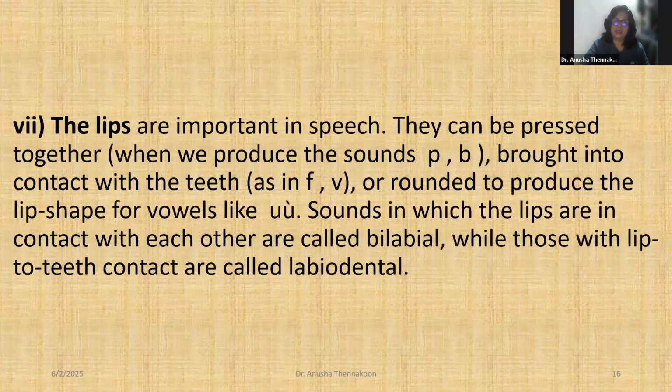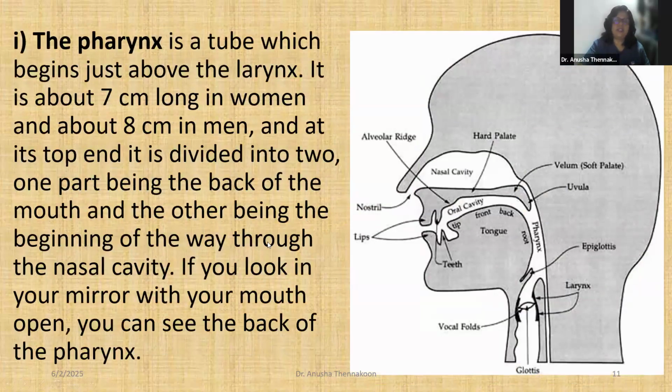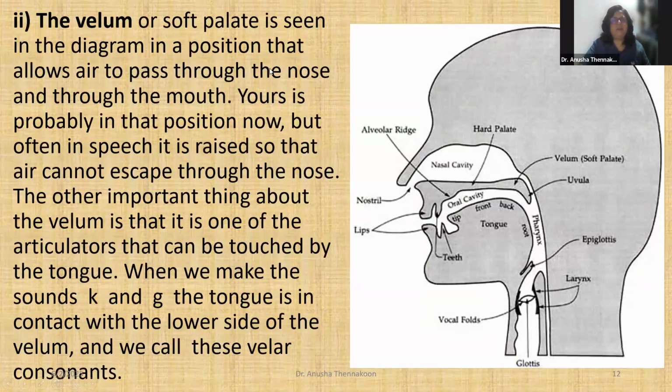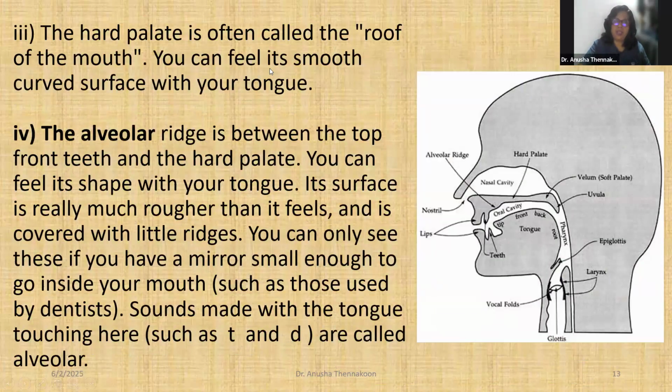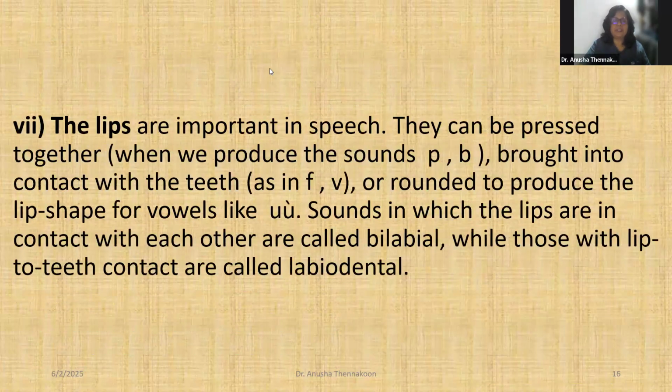Now we got to know there are seven important sections in the vocal cavity. Are they clear to you? The pharynx, the velum, alveolar, tongue, teeth, lips.